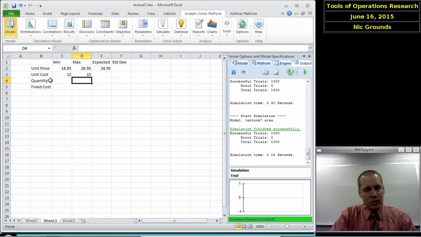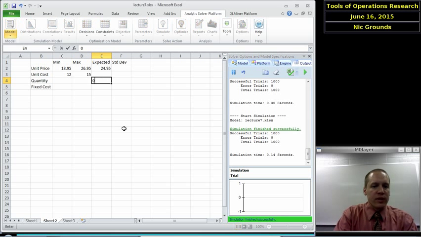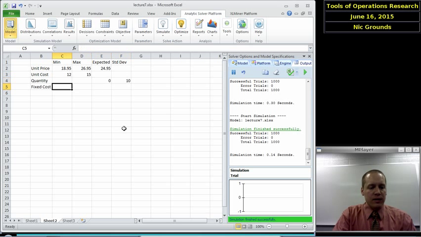Quantity, well, the parameters for the random part of the quantity was there was a random term with a 0 mean and 10 unit standard deviation. So we'll represent that here. Fixed cost had a $30,000 mean and a $5,000 standard deviation.